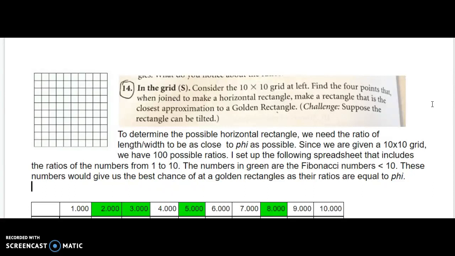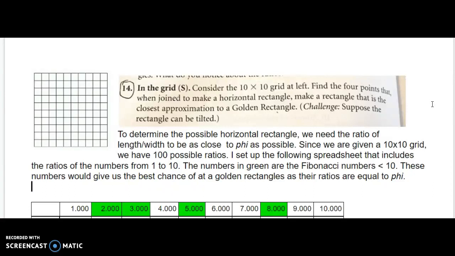So to determine the possible horizontal rectangles, we need the ratio of length to width to be as close to phi as possible. So we're given a 10 by 10 grid. We have 100 possible ratios.